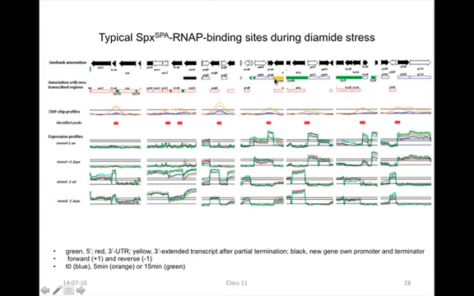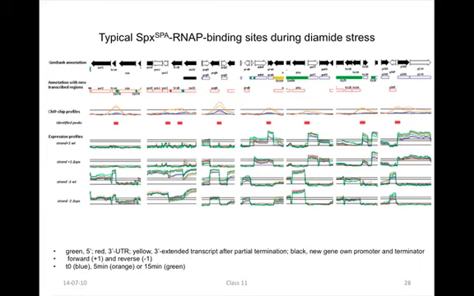So by doing the expression profiles, they've actually called new 3' untranslated regions. Oh sorry, this is red, 3' untranslated regions. Yellow is the 3' extended transcript after partial termination.